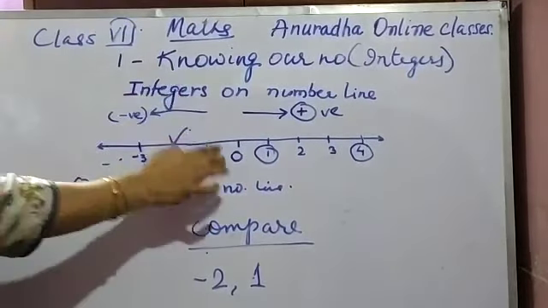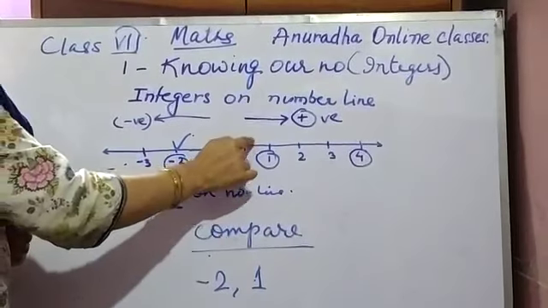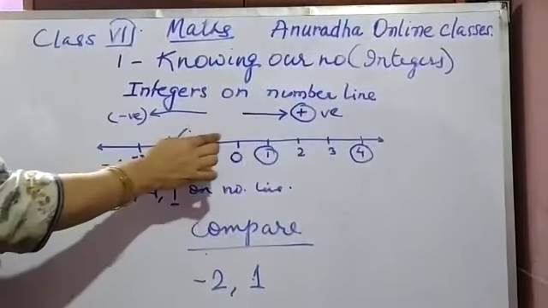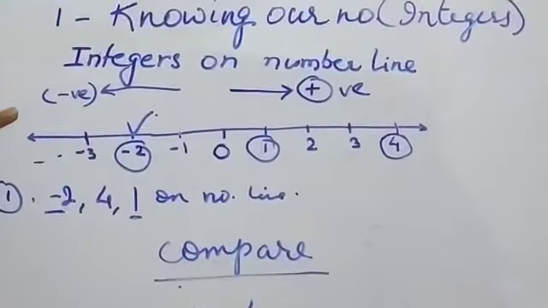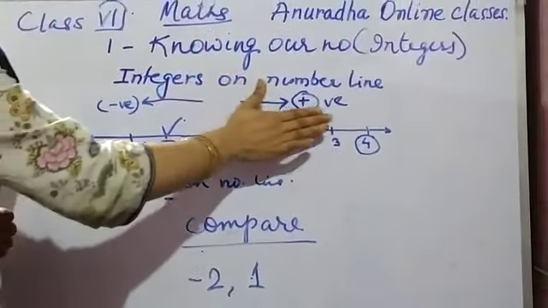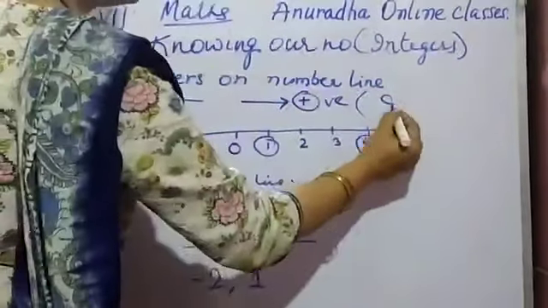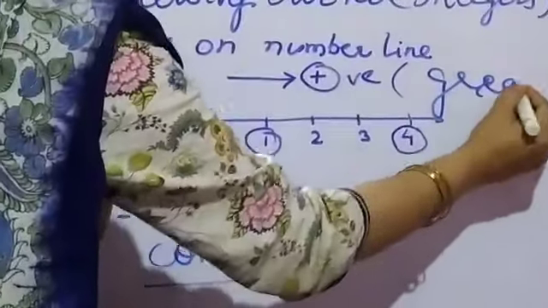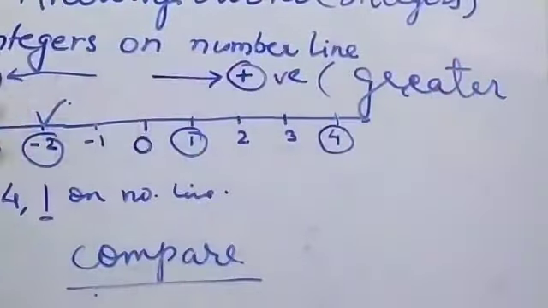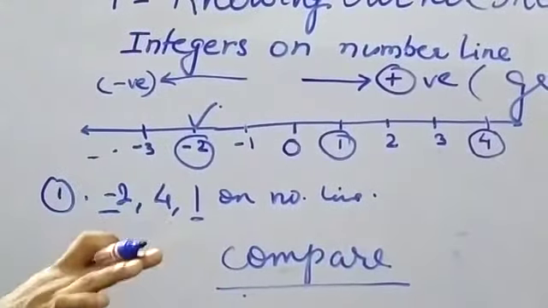See, this is 0, right to it is positive and left to it is what? Negative. Right? A positive number is always what? Greater. Then what? A negative number. Okay?